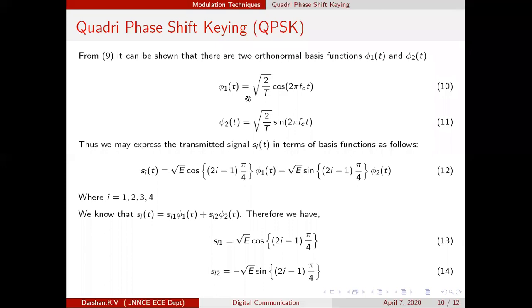So now, once we obtain the basis equations, one can express the signals in terms of basis functions as follows. How? Si of t is equal to, how can you express? Just observe. I will show equation number 9 again, and you know the basis functions.